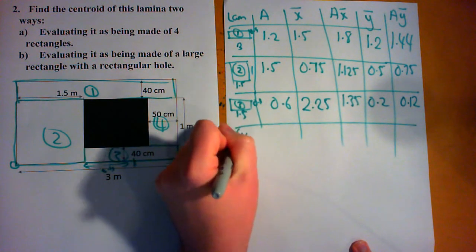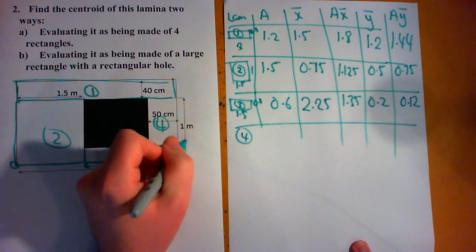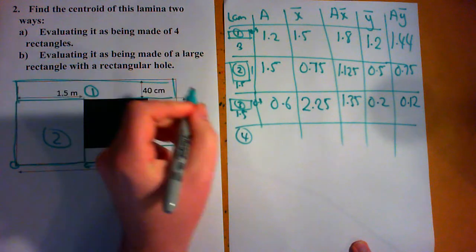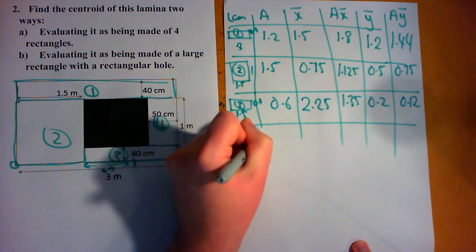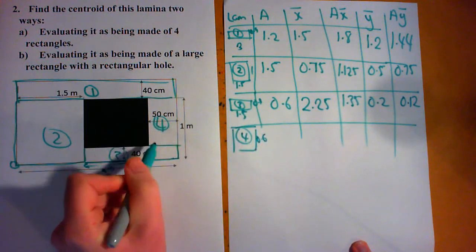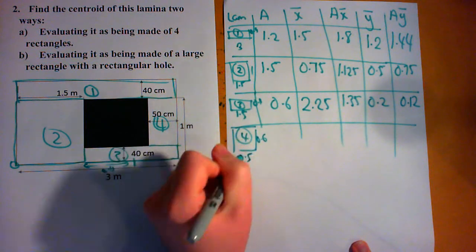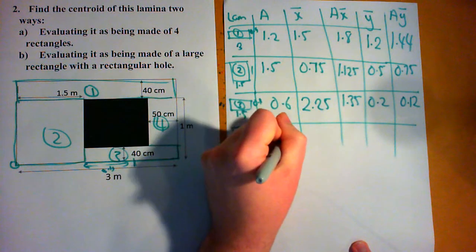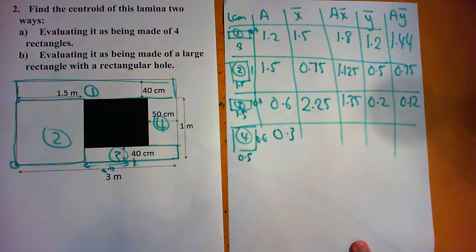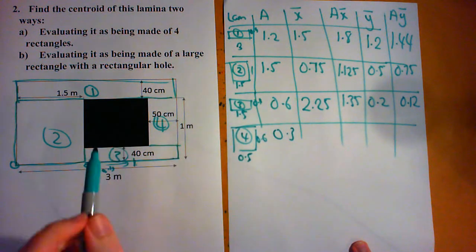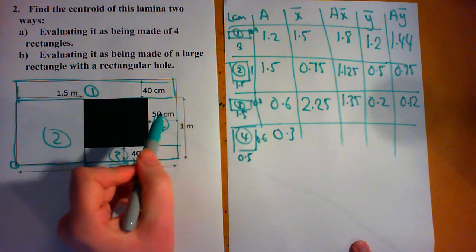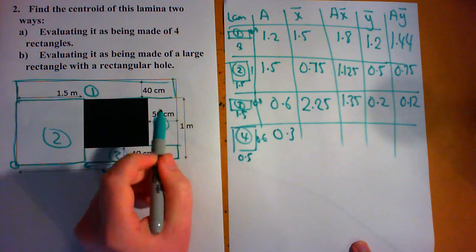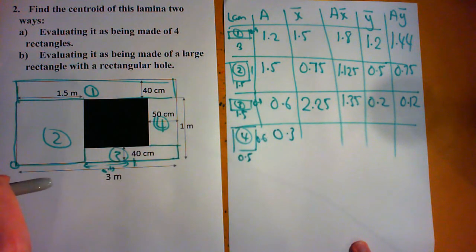For rectangle 4 we've got this little thing here, which is 0.6 of a metre high and half a metre wide. So this is 0.6 times 0.5, giving you 0.3. X-bar here, the easiest thing to do would be half of 50 centimetres is 25 centimetres going back from the right hand end.